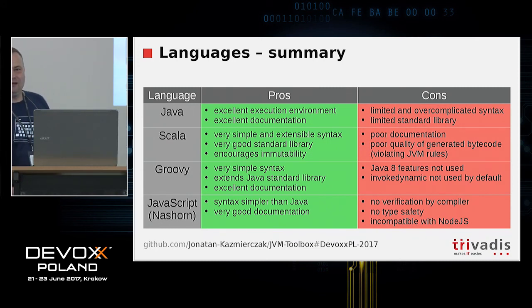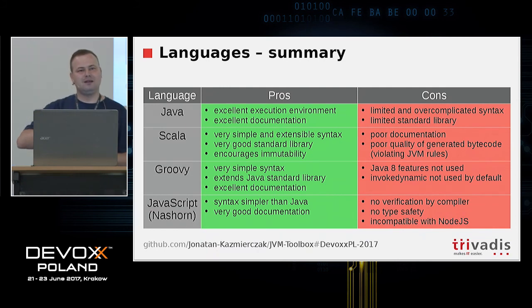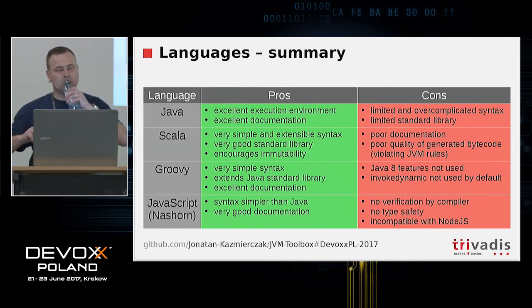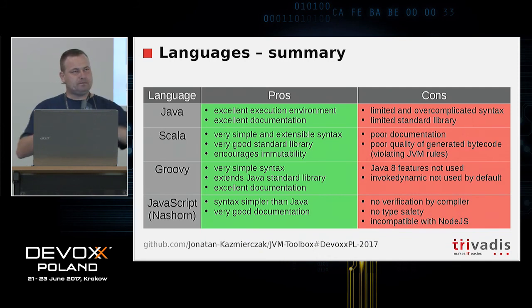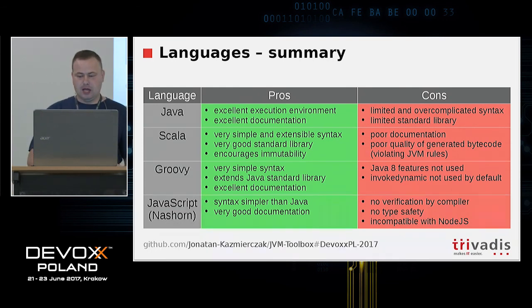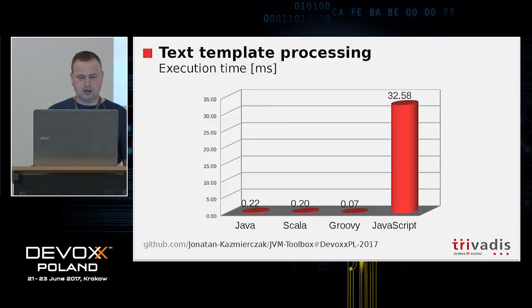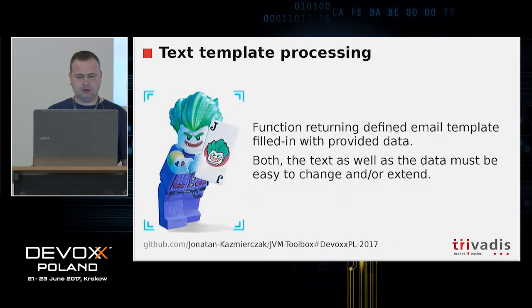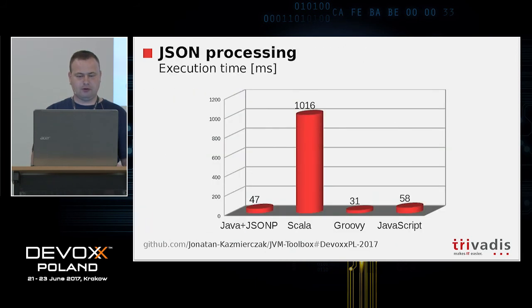My question is, is there anything in which JavaScript is better than Java or Groovy? Okay, if there is a task in which JavaScript is better than the other languages. I would say that maybe not better, but comparable. I mean, it's not my point of view, it's the result of statistics.